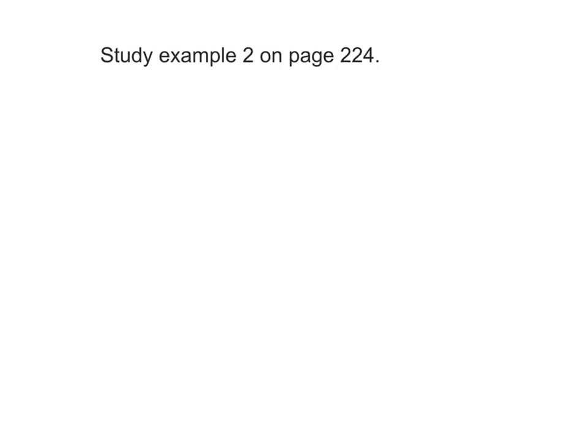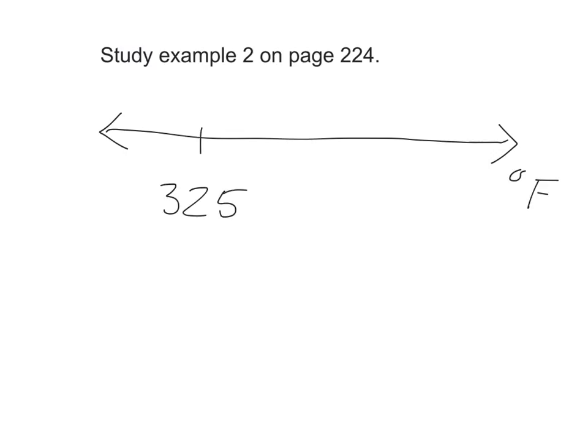So the final graph of this solution would be the degrees Fahrenheit could go anywhere from 325, so that would be a closed circle, to 350. That would be a closed circle, and then all the temperatures in between.